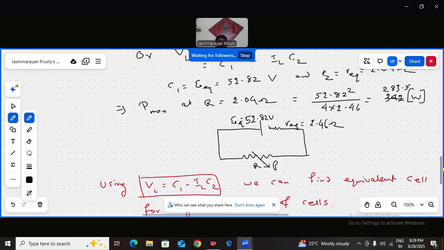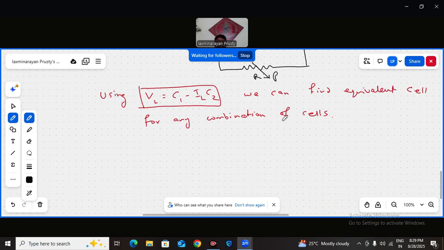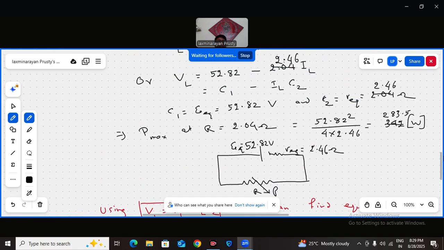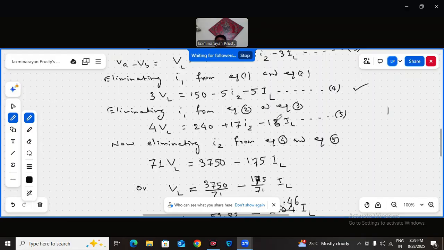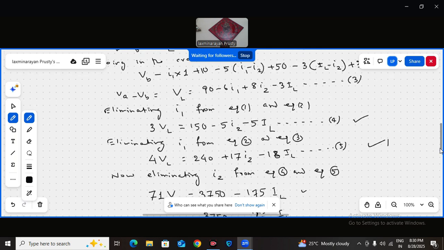Okay, this was a numerical, and I committed a mistake here. While doing the calculation, I wrote 12 instead of 18. Am I clear? Now it is all right. And this is 175 by 71, which is 2.46. So that's not a big issue.